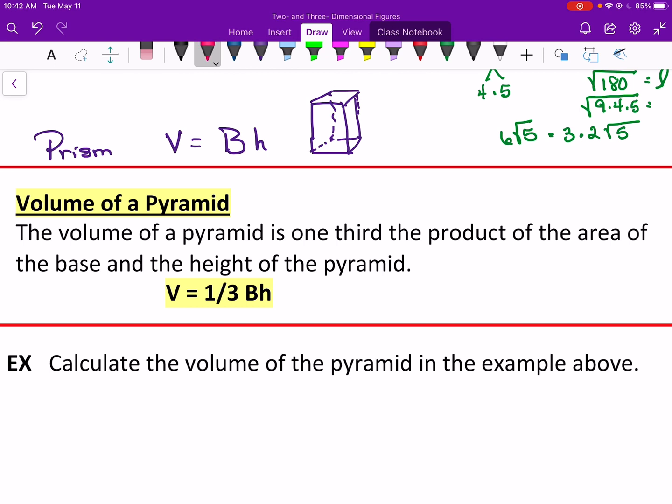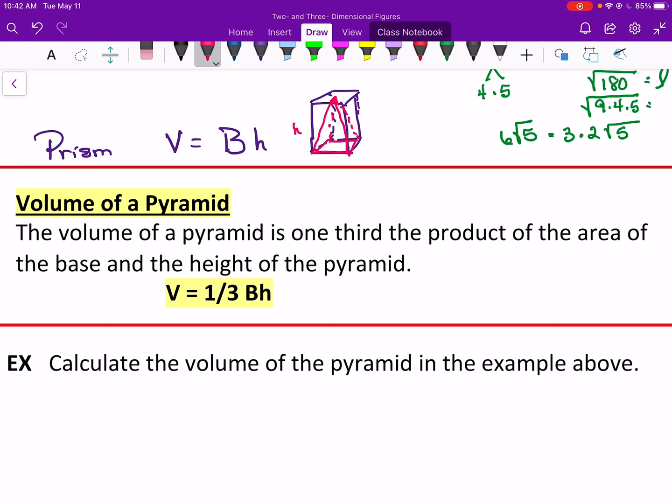If we had a pyramid with the same height and the same base, it would look something like this. We would have all these little triangles.